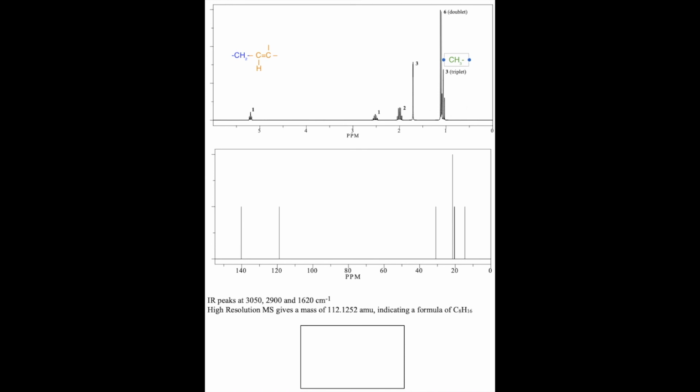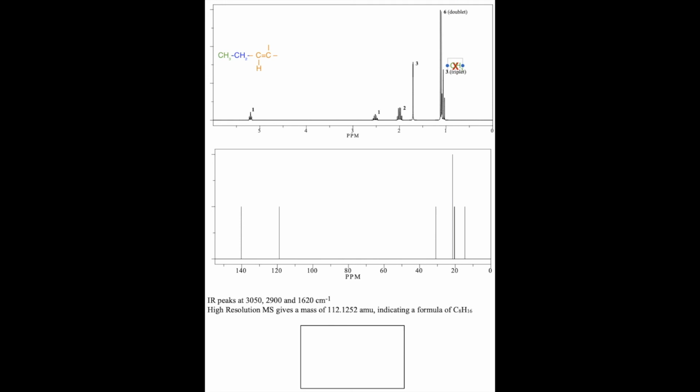Well, if that's the only CH2, doesn't it have to be this blue CH2 right here? The one that I implied existed because of the triplet coupling to this. Yeah, there's only one CH2 and I already established it here, and that means that this green CH3 is attached to that. So I'm just going to have my little green CH3 here and a big X through it like that.